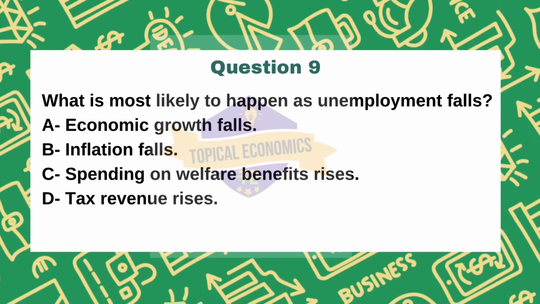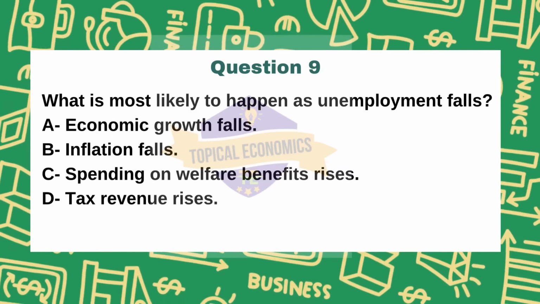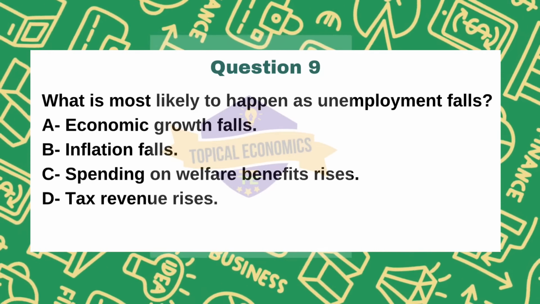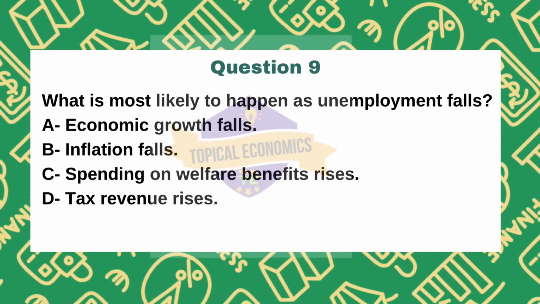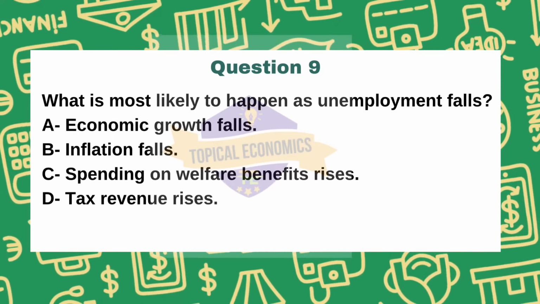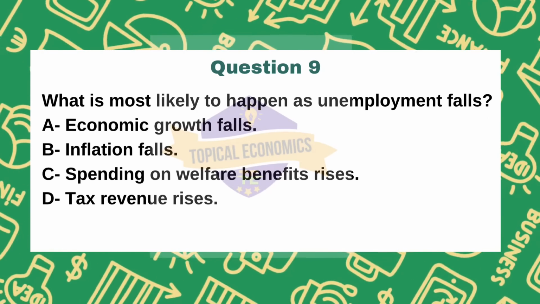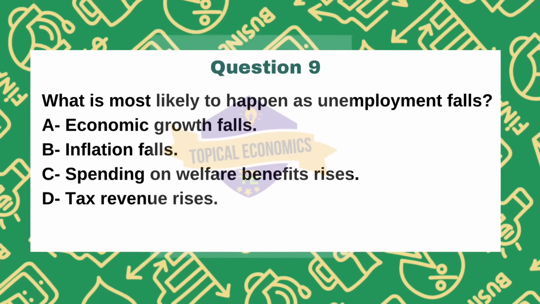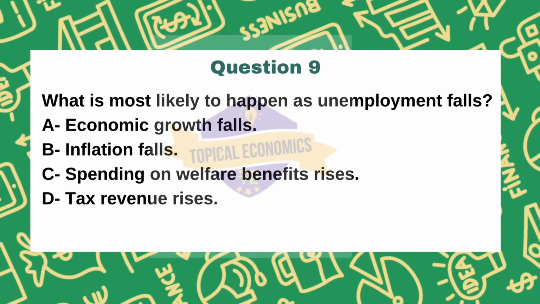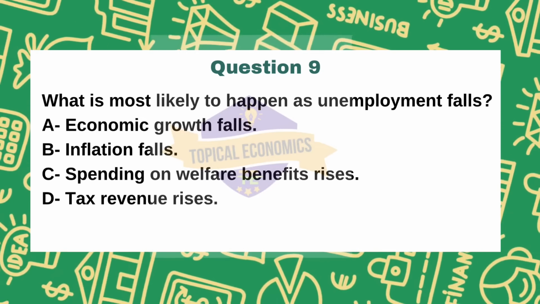Analyzing the other options. Option A. Economic growth falls. Generally, as unemployment falls, economic growth tends to rise because more people are working and contributing to the economy. For option B. Inflation falls. While the relationship between unemployment and inflation can vary, a decrease in unemployment can sometimes lead to upward pressure on wages and prices, potentially increasing inflation instead.